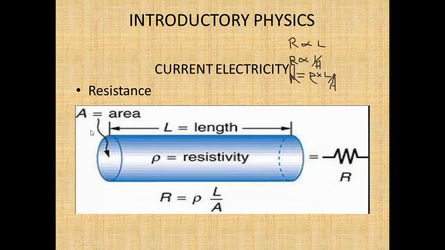Again, resistance is directly proportional to the length of the wire, inversely related to the cross-sectional area of the wire, and when we plug it in the equation, this constant is the resistivity, and the resistivity is essentially dependent on the composition, whatever the wire is made of, okay?